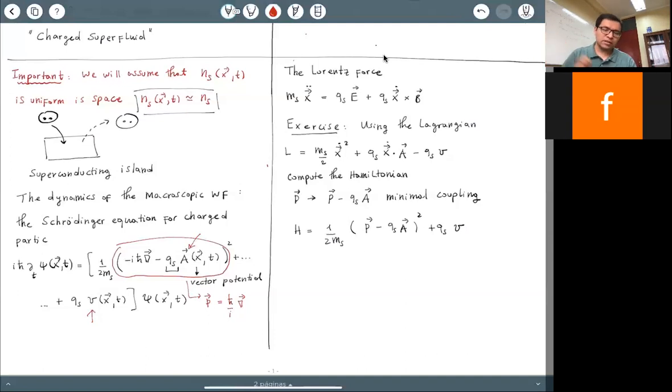And then we will see the response inside the superconductor. But you always have to think that you have some external sources, and then you try to describe how the superconductor will respond. Okay, this is the idea.